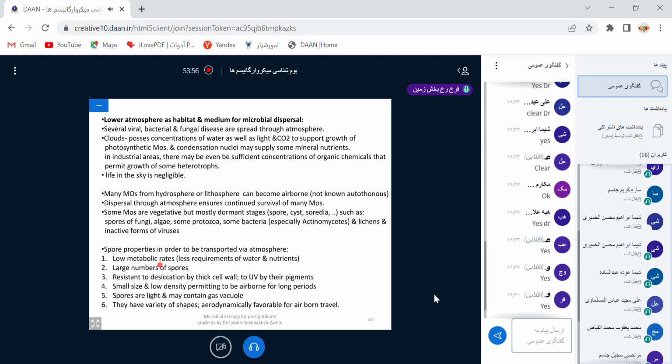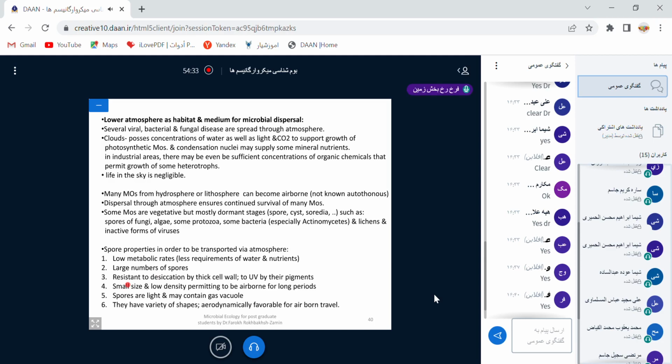When their metabolism is low, they need very little water, so they can float on the air for a long time and wait to reach a suitable place. Two, large numbers of spores. When a large number of spores come up into the air, some of them find a suitable place and then grow dramatically.